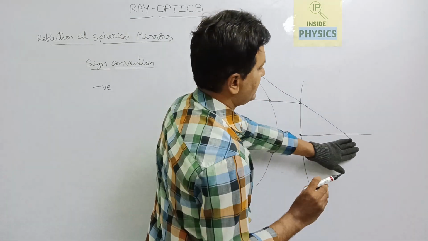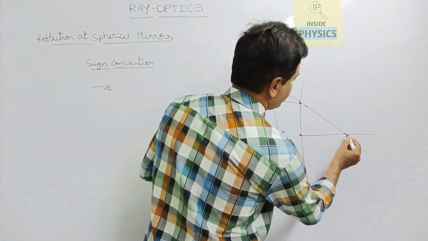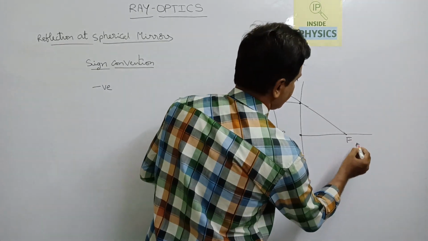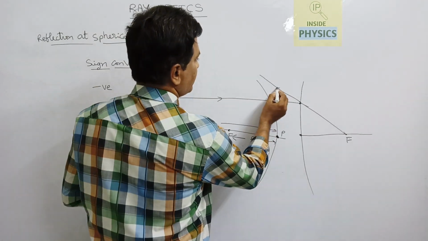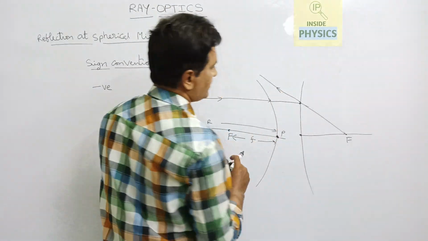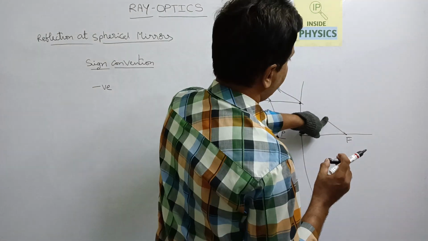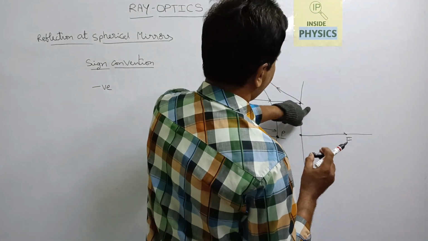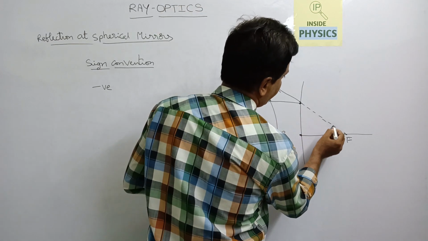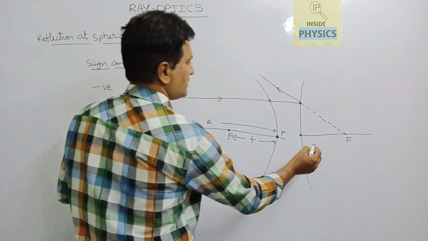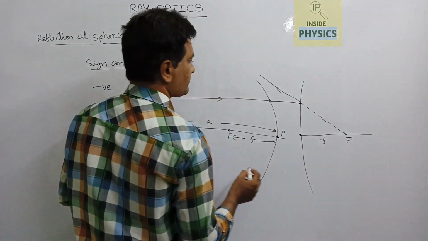Okay, this is passing through the focus. So this is actually a real ray reflecting back, and this is not exactly a real ray, and we will be extending this ray, we can denote it with a dotted line. Okay, so this is the focal length.